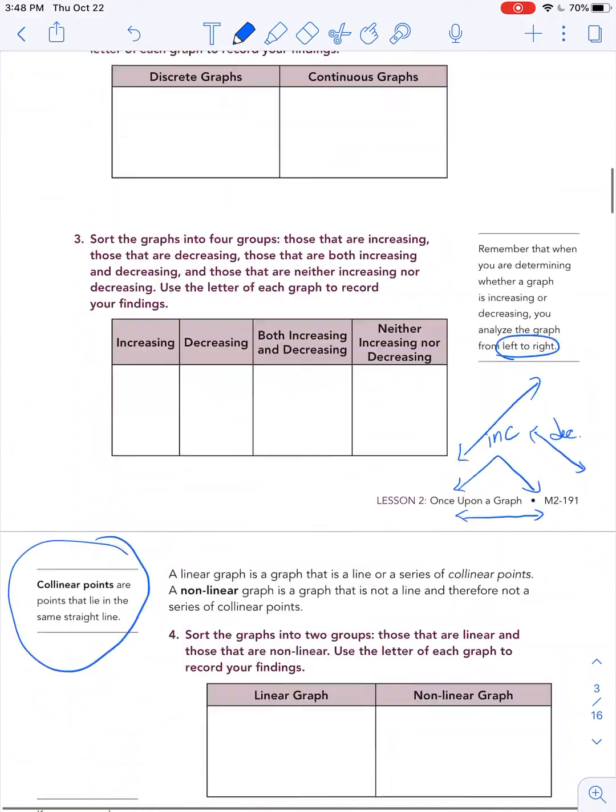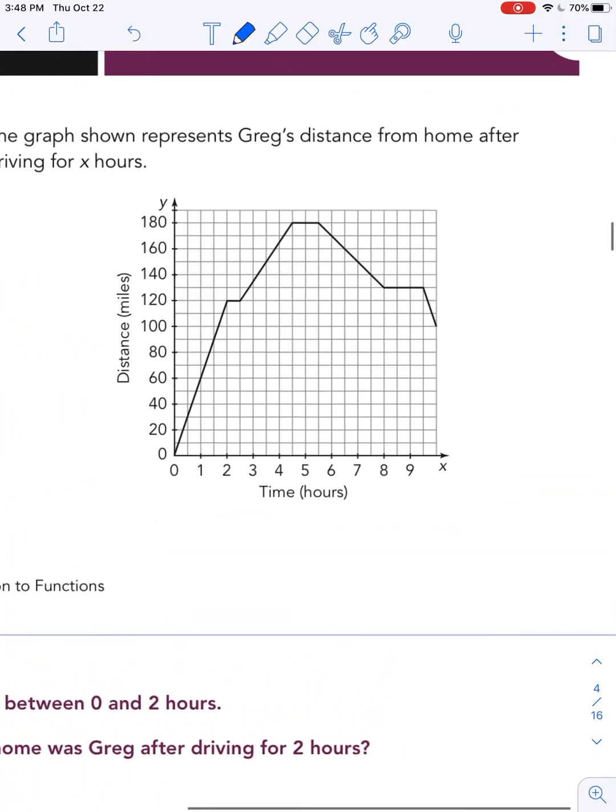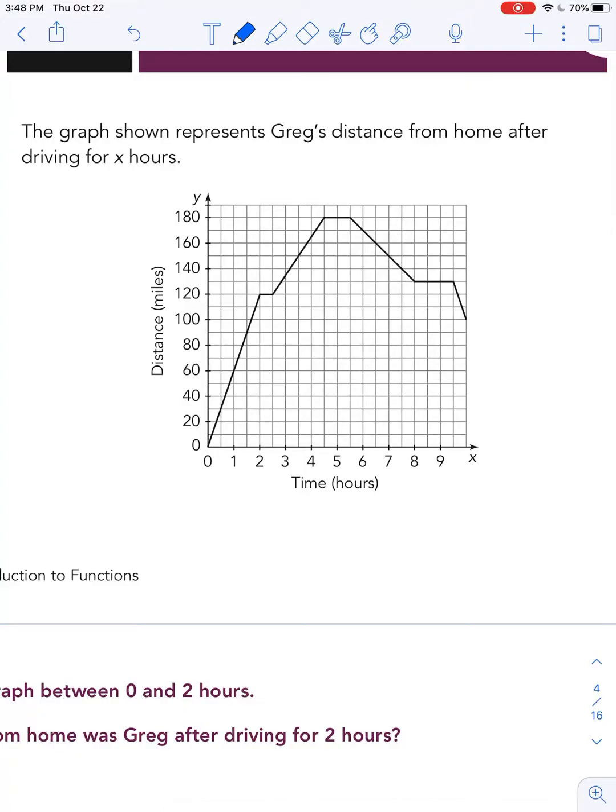Let's see. Okay, so now we're going to interpret this. A lot of times people look at these graphs and they're like, oh, they're going uphill. It doesn't necessarily mean that they're going uphill. Let's look at this. It says distance. So how far you walk or how far you run or whatever.